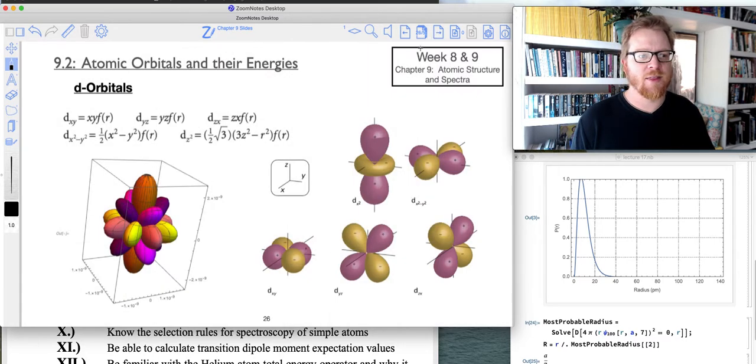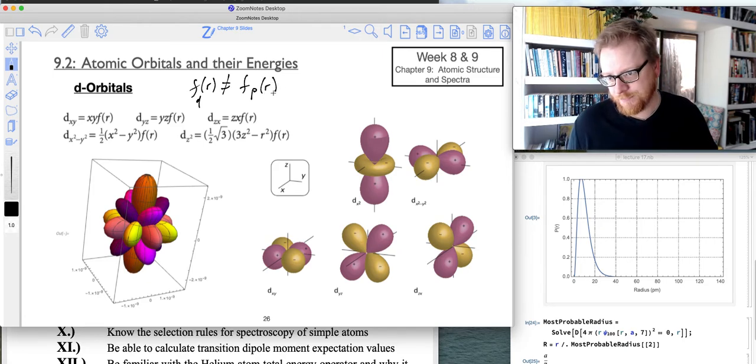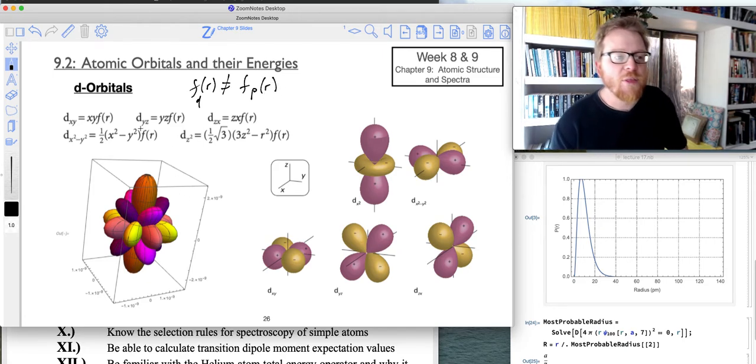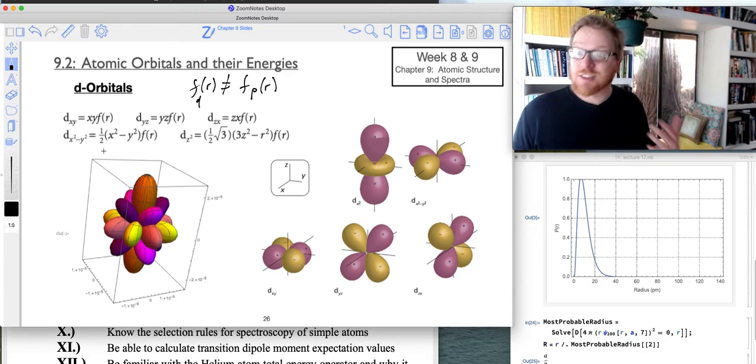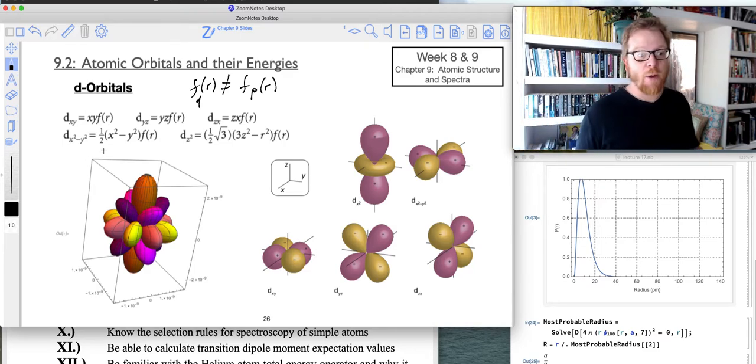And that comes, again, from this algebraic manipulation, f of r. So it's important to note this function f of r for the d orbitals does not equal the f of r function for p orbitals. But within the same subshell, within the same d subshell, that f of r function is the same for all of these.